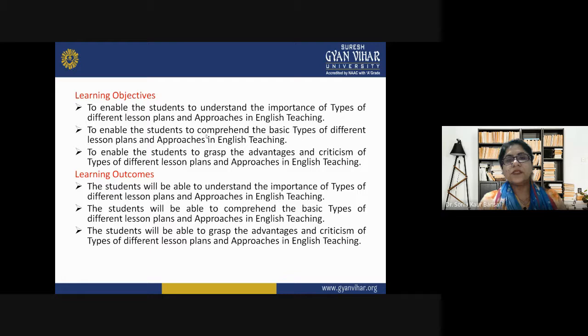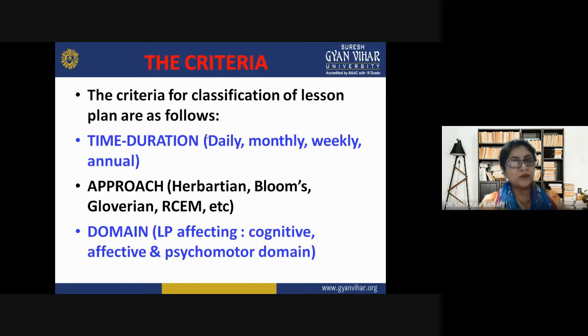It is very important to know the mental status of the students and the four skills we emphasize: LSRW skills, listening, speaking, reading, and writing. These skills enable you to do something very important in the English language when you are teaching. So let's understand very minutely.